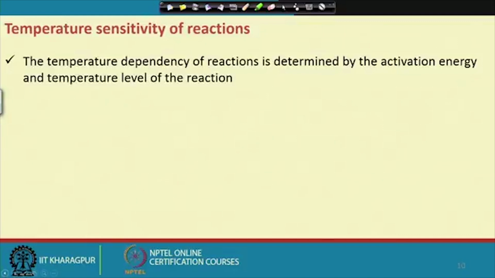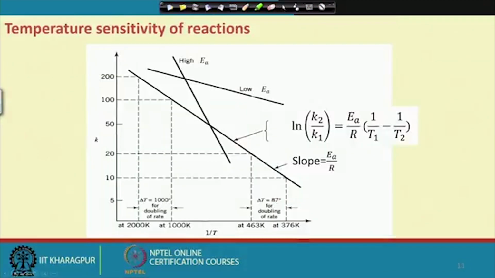Now, the temperature dependence of the reaction is determined by the activation energy and the temperature level of the reaction. This is very clear from the next slide that I can show you here. This is the log plot. You can see that this is 10, then this is 100, like this, and it doubles.